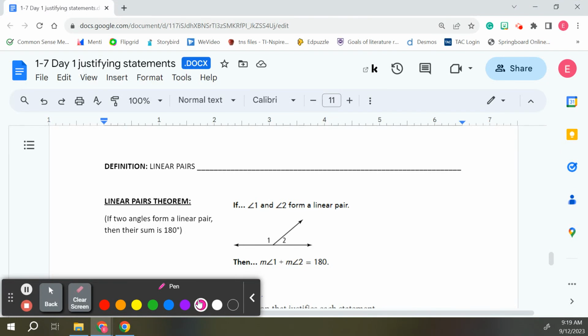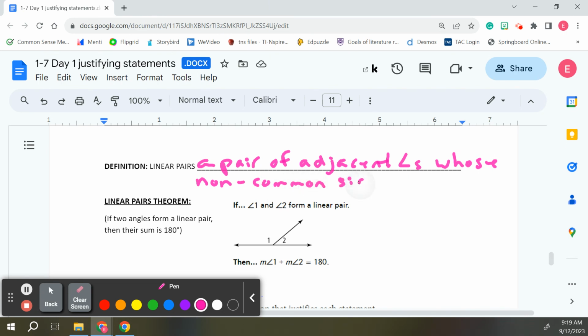So the definition of a linear pair is a pair of adjacent angles whose non-common sides are opposite rays.